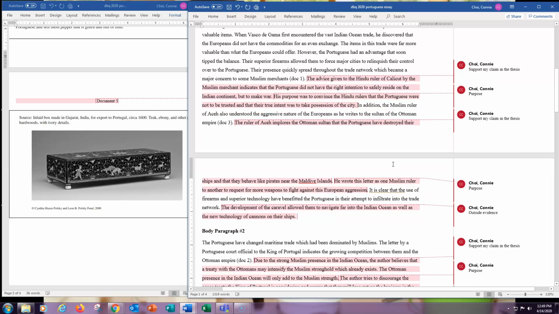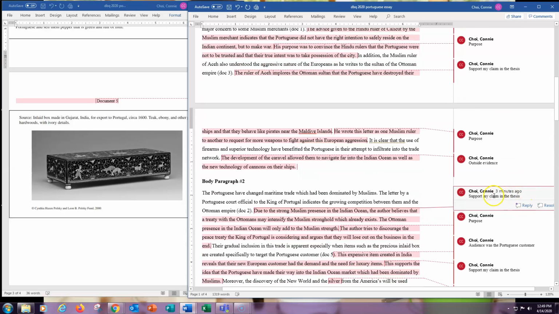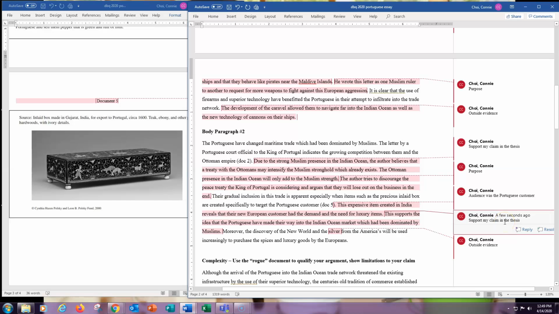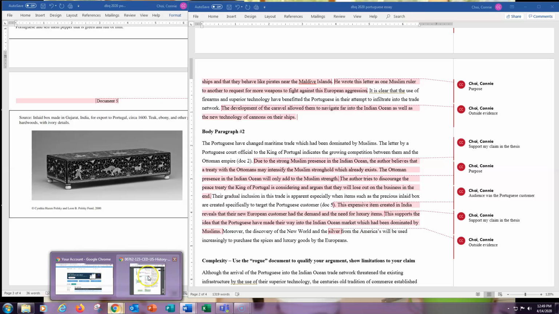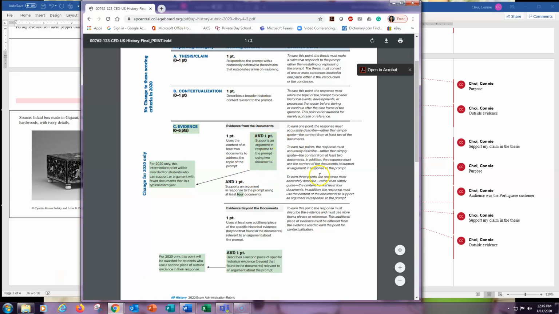I have supported all 4 documents back to my claim in the thesis, which is 1, 2, 3, and 4. Okay, and so that earns me 3 points. Because if you look back at this rubric, it says 1, 2 here, and then the evidence I've used all 4, and I've supported my argument using all 4, which is the 3 points for evidence here, and 2 here, which makes it 5.